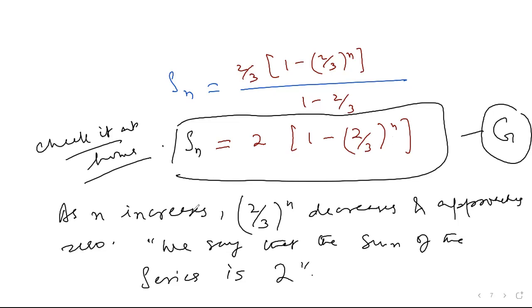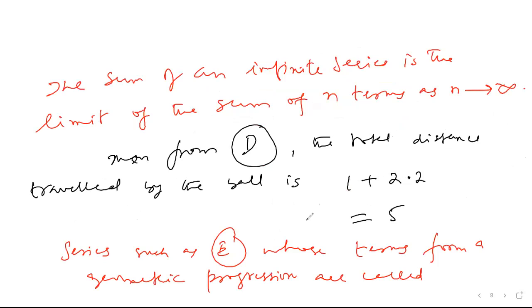And we said if n increases, 2 by 3 raised power n decreases and approaches 0, and we gave the definition of the sum of an infinite series. We said the sum of an infinite series is the limit of the sum of n terms as n tends to infinity. And accordingly, we solved for the distance the ball travels, which turns out to be 5 meters.